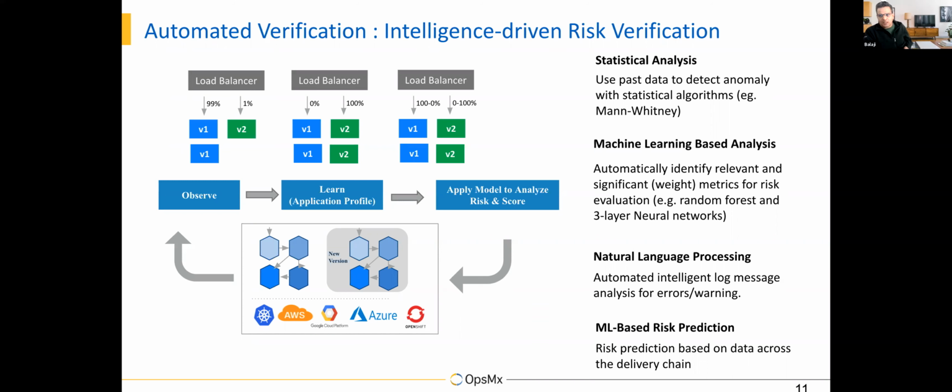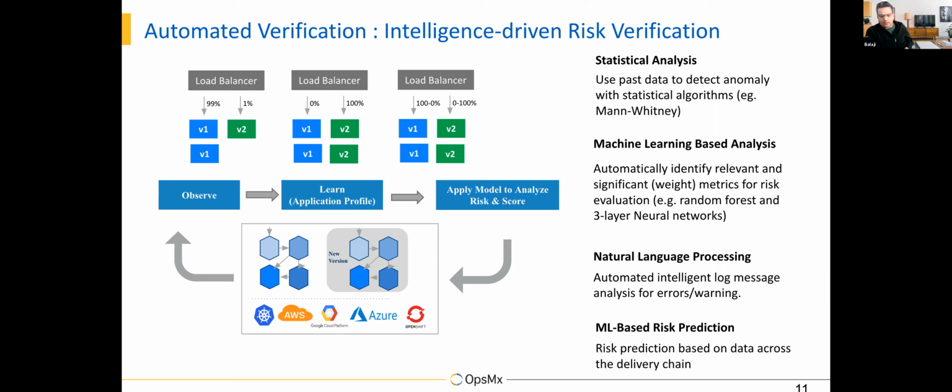Obviously, we do statistical analysis to look at past data. We use machine learning, like neural network-based algorithms, to identify metrics and evaluate their risk. For logs, we do natural language processing and automatically classify them, understanding historically what is normal and not normal.